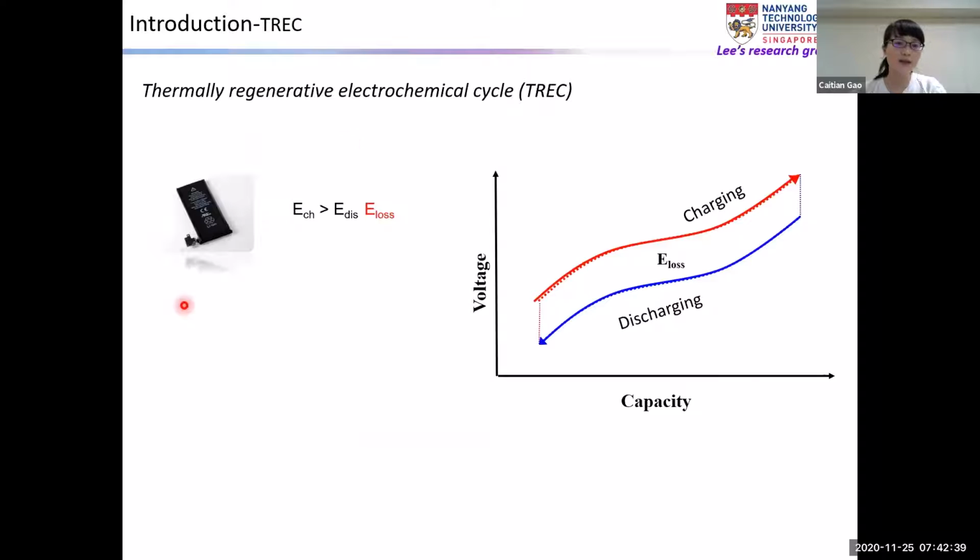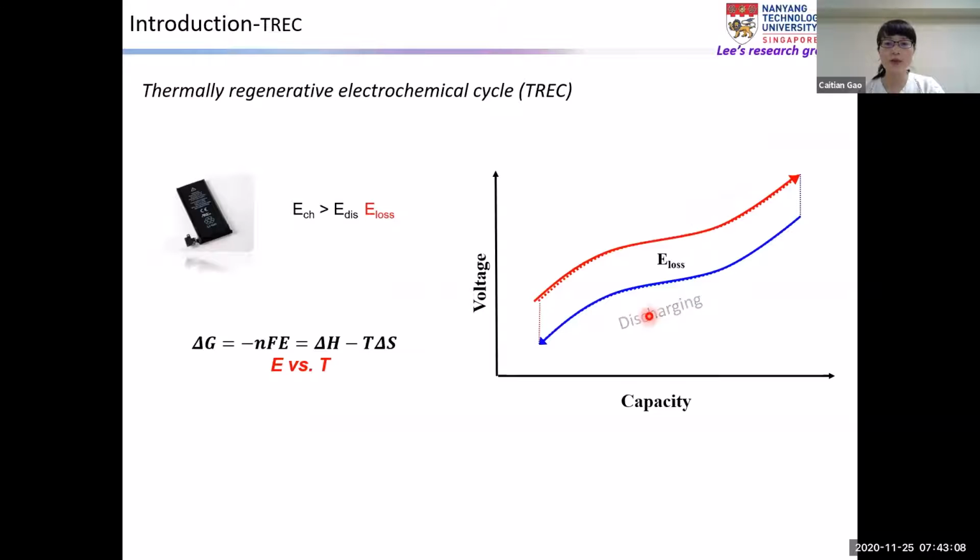Before this, let's see how our daily used battery works. Normally, we charge our battery at higher voltage and discharge our battery at lower voltage. That means we have some energy loss during the charging and discharging process. And the battery is an electrochemical system. From the Gibbs free energy equation, we know the potential is related to the temperature.